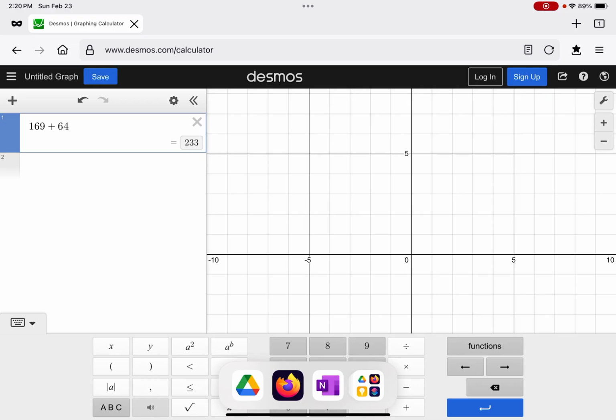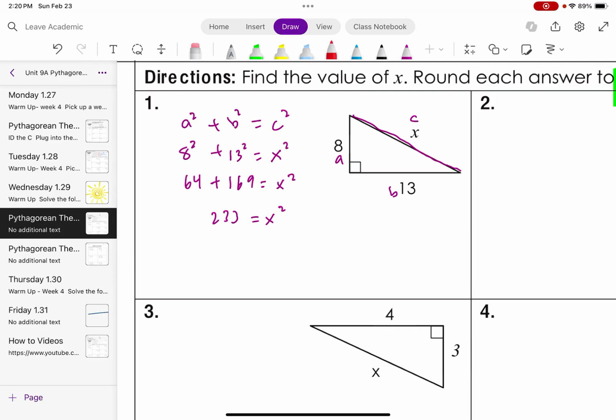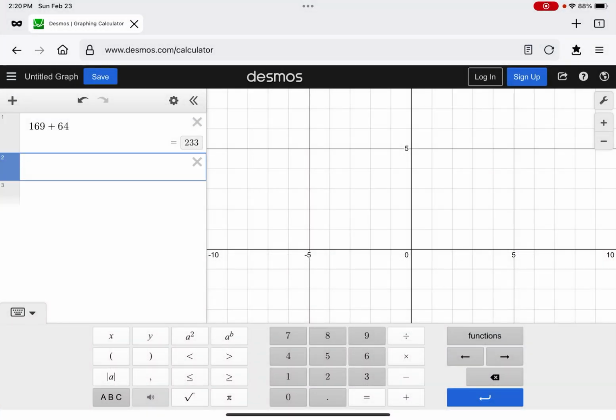Now we want to get rid of this little squared right here. In order to do that, we take the square root on both sides. That goes away, x is by itself, and we have the square root of 233, and that's your final answer right there, 15.26.